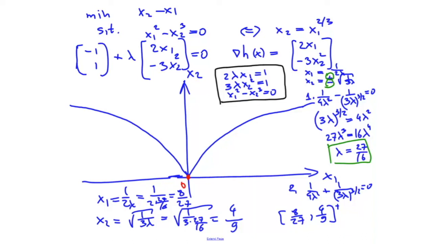This point will be somewhere here. In fact, if we draw the isocost line here, so isocost line will be x2 minus x1 is given by a certain cost. So let's do the isocost line that passes through the origin. So it will be just the x1 equal to x2 line.